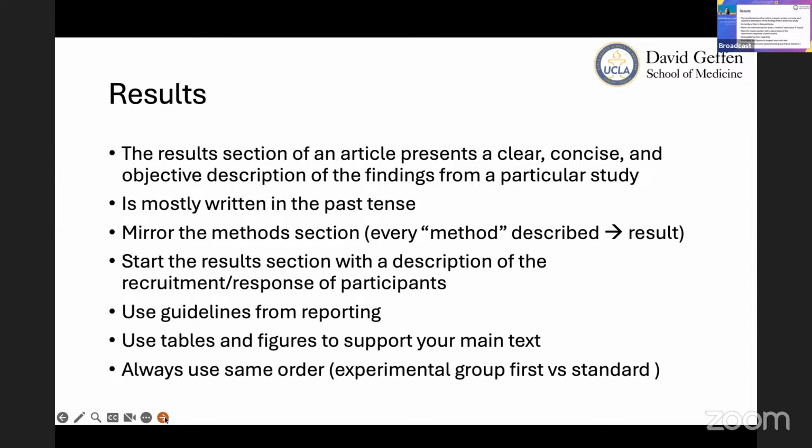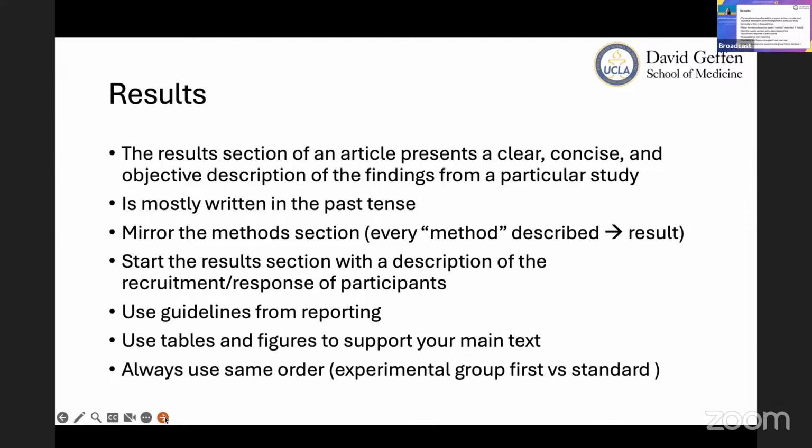As we mentioned in the methods section, for every method described, you're going to describe the results. For example, in our study comparing the traditional versus technological reminder system, if our objective was to get this cross-sectional survey in, you're going to put the results in terms of all the questions that you got in, and summarize that into the results section.